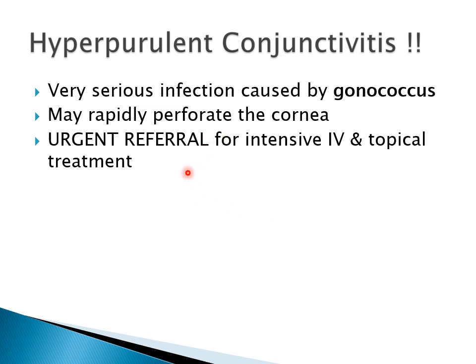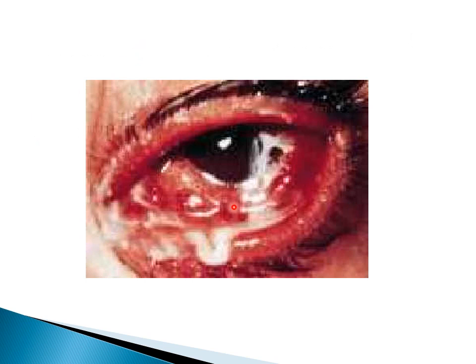So once we detect hyperpurulent conjunctivitis after birth, we need to treat with intensive intravenous antibiotics in addition to the topical treatment. And this is a picture of low resolution, but you can see the excessive amount of discharge coming out of this eye.